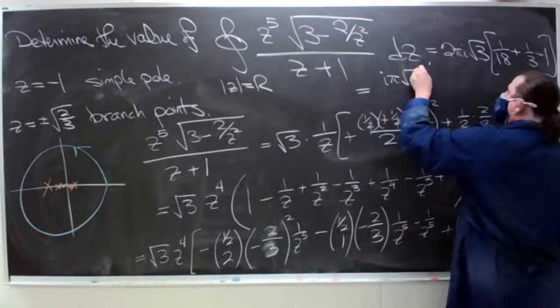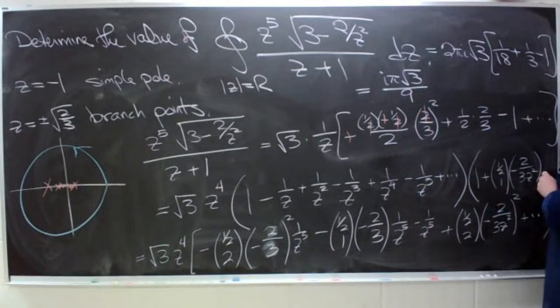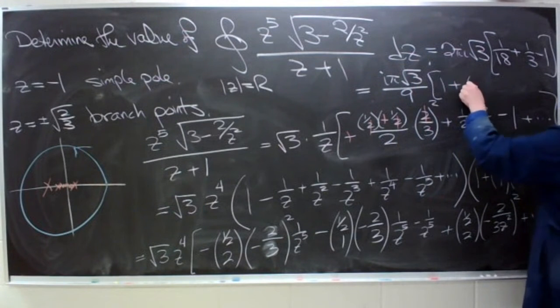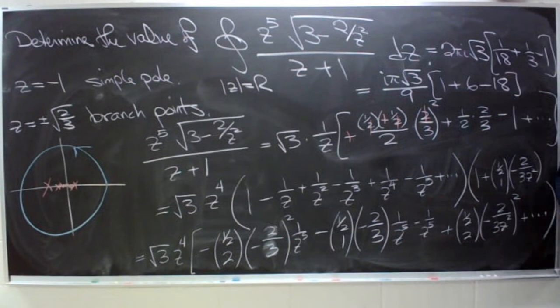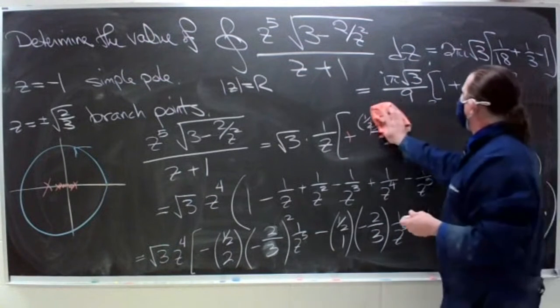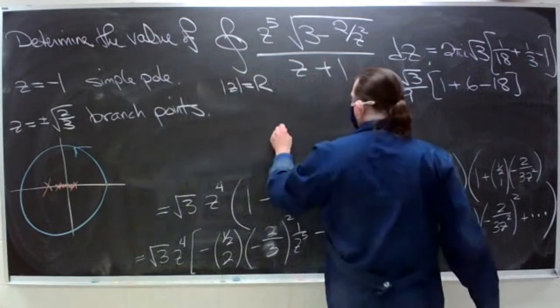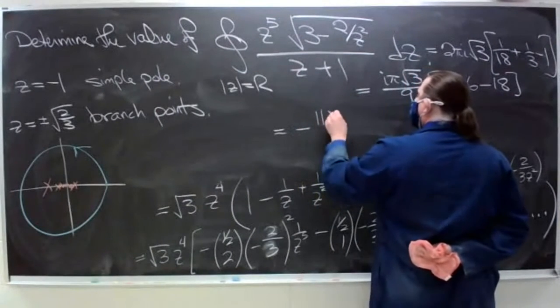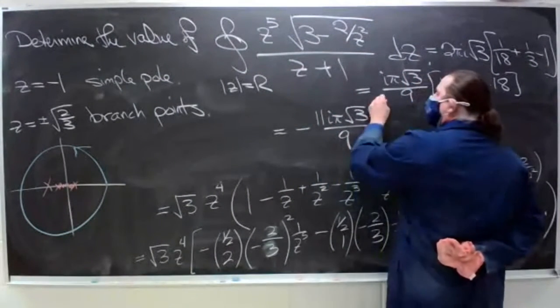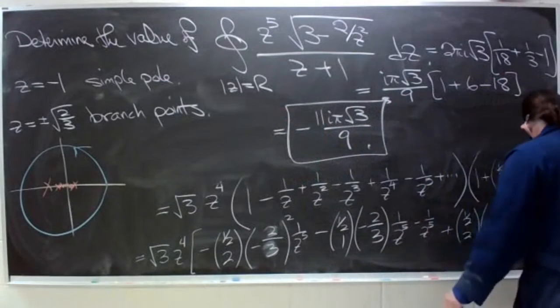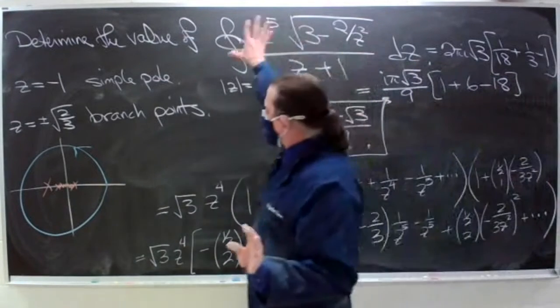So that's going to be i pi root 3 divided by 9, where I got my least common denominator of 18. I would have 1 plus 6 minus 18. So this loop integral's value is negative 11 pi i square root of 3 divided by 9. All right. So that's the value over C big.